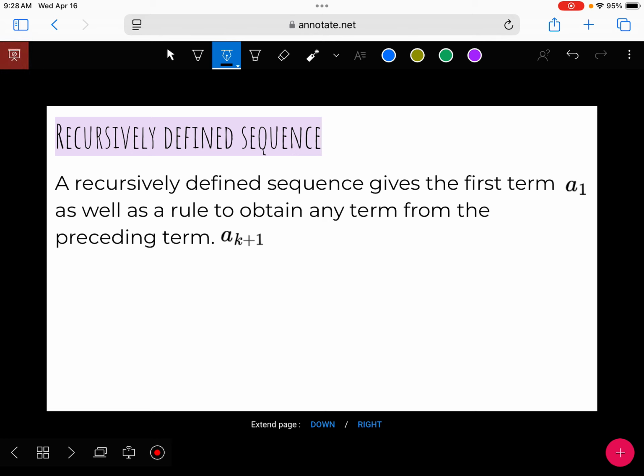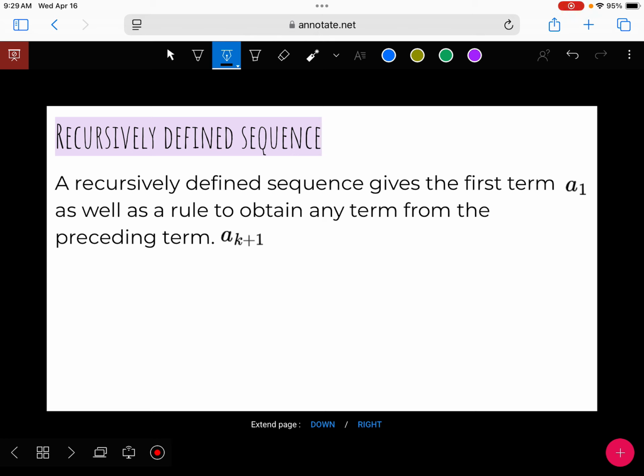Sometimes we're going to give you something called a recursively defined sequence. What a recursively defined sequence does is it bases our answer off of the previous number. If I said I have $2 and tomorrow it doubles, I have $4, and the next day it doubles, I'm taking my 4 times the 2.